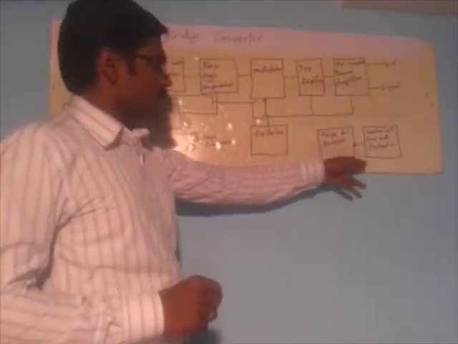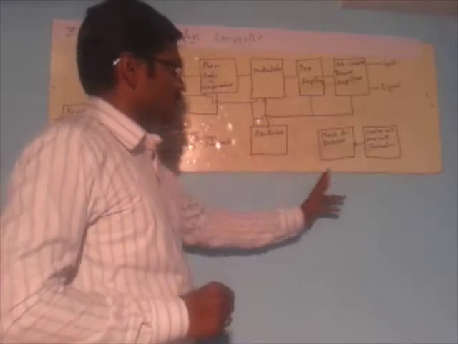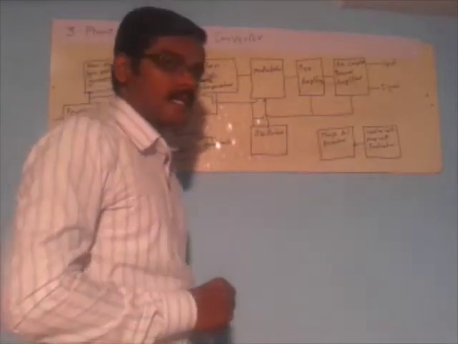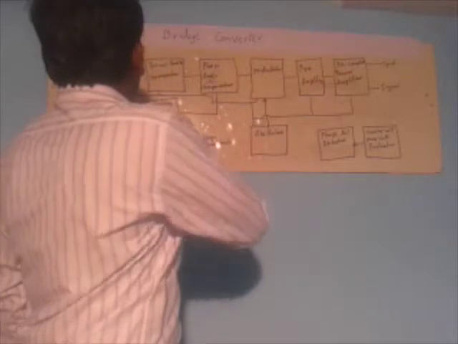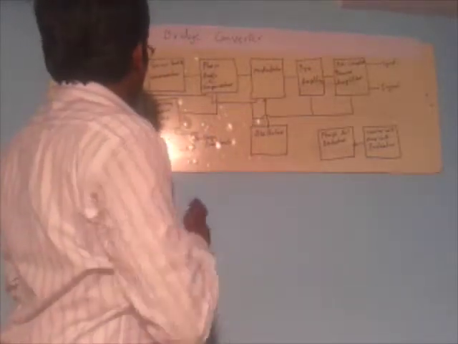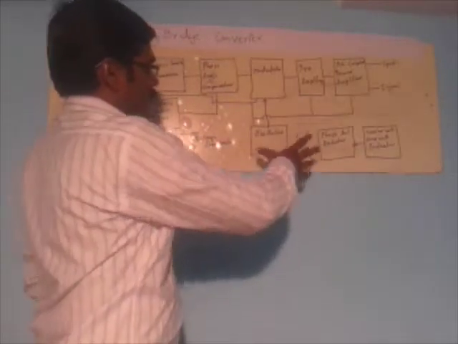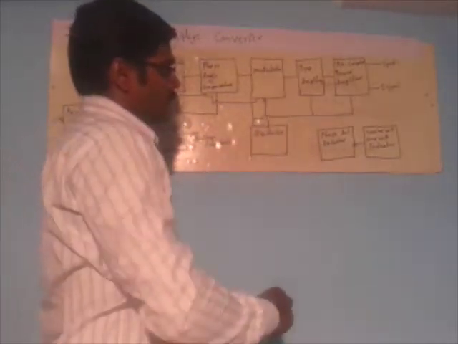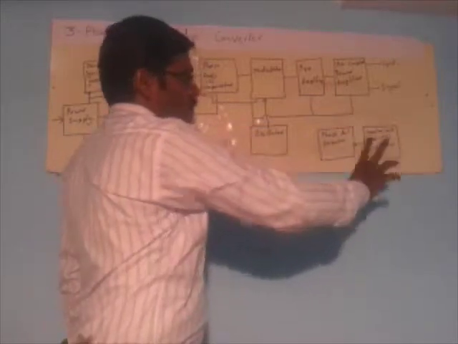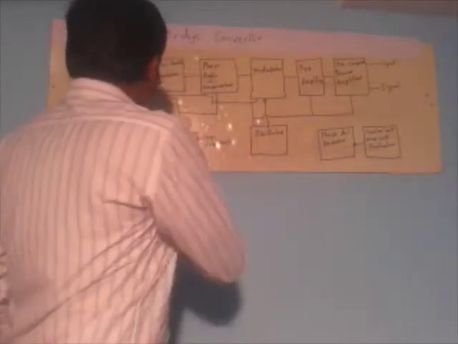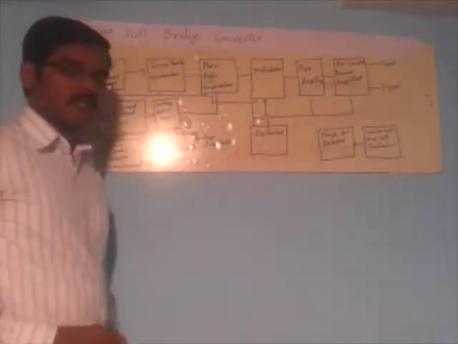And here we can see some protections also that we provided. One is the phase fail detector. If any one of the input phases fails, it will detect the phase failing and pull down the signal, and we also provide undervoltage and overvoltage protection. And here we can see the phase sequence detector.